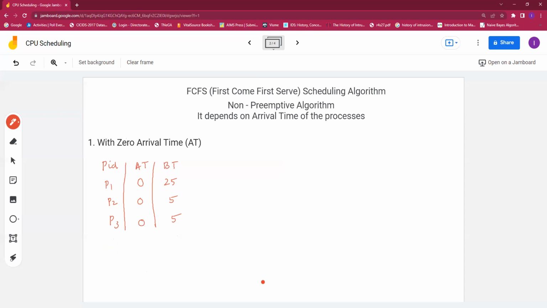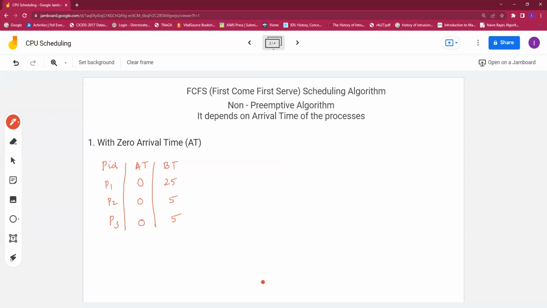That means all the processes arrived at the same time and are available in the ready queue, waiting for the CPU. The next one they have given is the burst time for the processes. P1 is 25, P2 is 5 and P3 is 5.